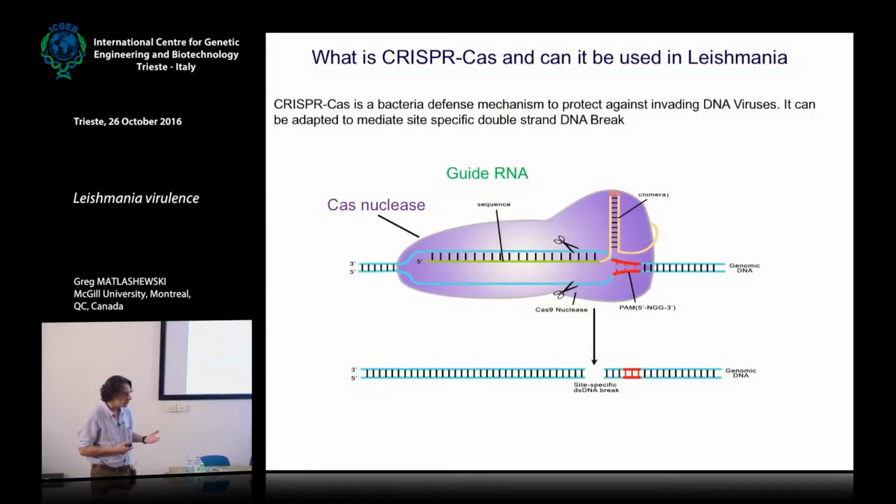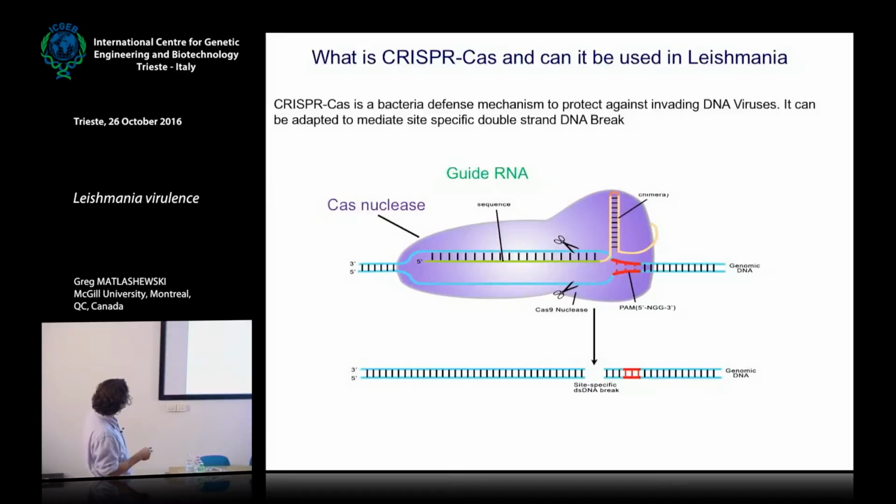CRISPR-Cas originates in bacteria, and it's a way for bacteria to protect itself against viral infections, DNA virus or phage viruses. And the way CRISPR-Cas works is that there's two aspects to it. Cas here is a nuclease, and it cuts DNA in half. It has a guide RNA which directs the nuclease to cut in specific places.